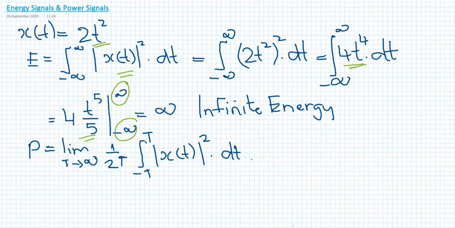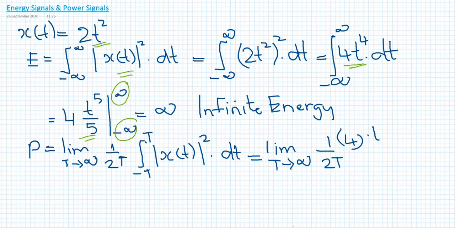So what we will get here, I'm just writing it directly: limit t tends to infinity, we are going to have 1 divided by 2t, and from the other one, since I have 4 here, I told you I will get 4. Let me write 4 here so you know I'm taking it from above.